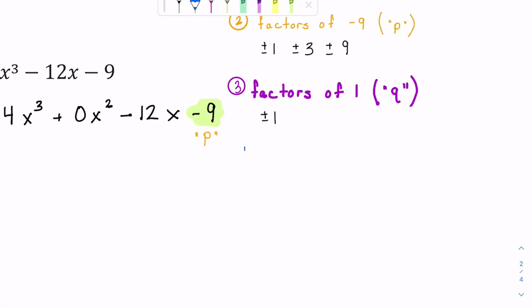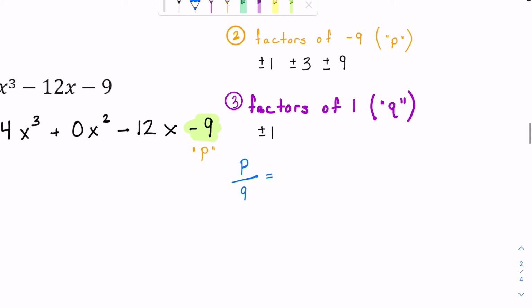So next I'm making a list of factors of p over q. I'm going to start with this number. So I have plus or minus 1 over plus or minus 1. This one's going to be easy because we just have one value of q, so we only have one denominator. When you have multiple denominators, this list gets quite long.